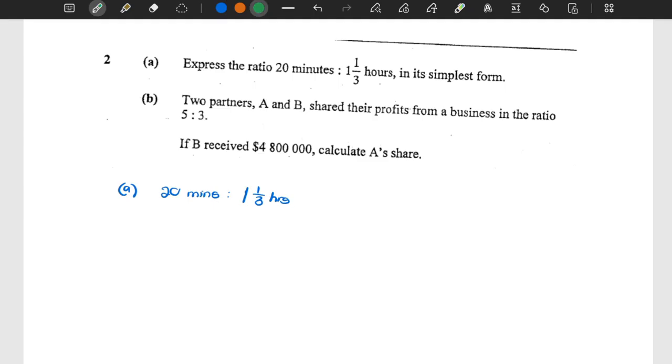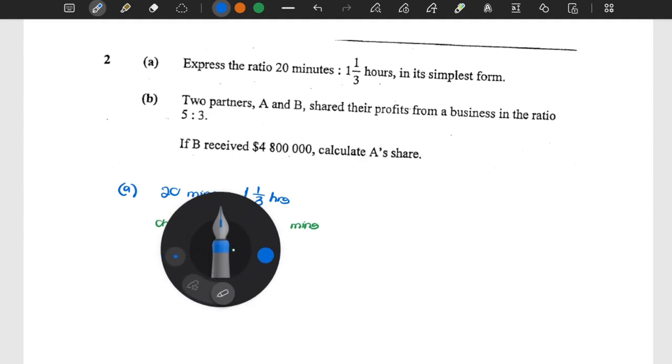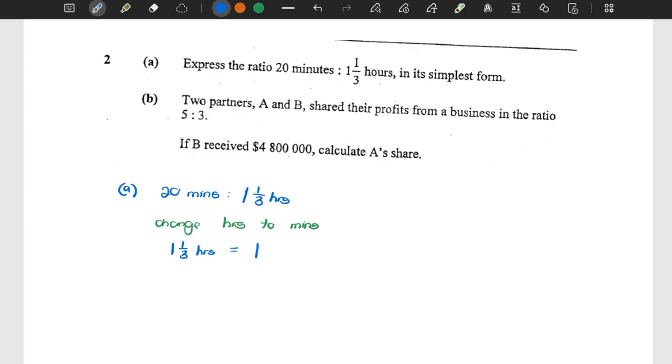So here, we change our hours to minutes. 1 1/3 hours is the same as saying 1 plus 1 over 3 times 60, which is going to be 60 plus 1 over 3 times 60. 3 into 60, that's 20.